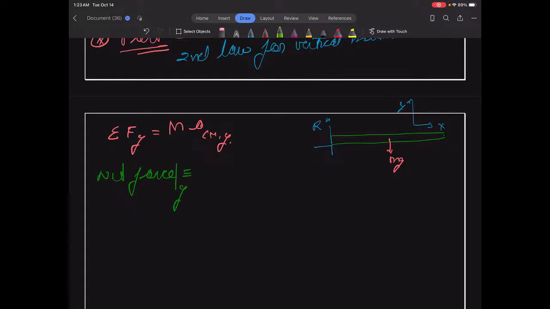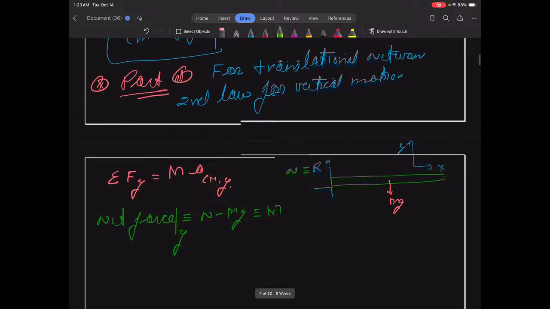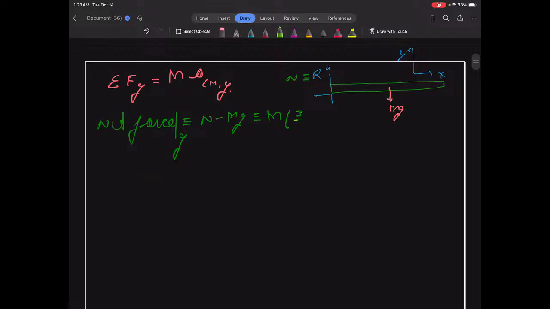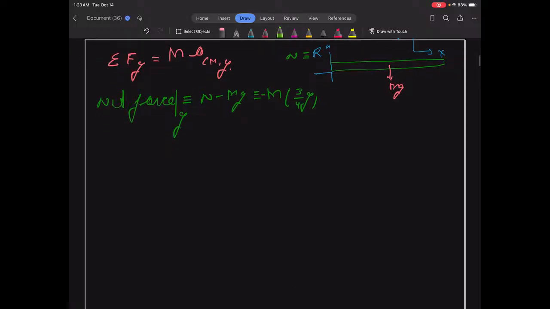This reaction is nothing but our normal, that is N minus mg, and that we can write will be equal to our mass m, and we found out it is 3/4 times g, and it will also be in the downward direction, so it will also be negative.